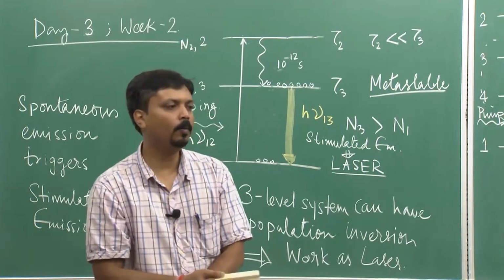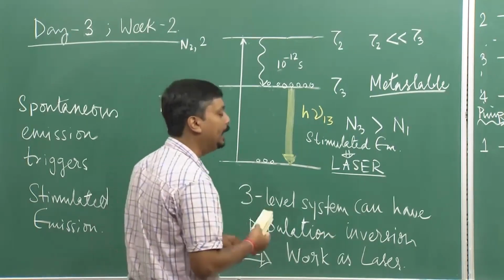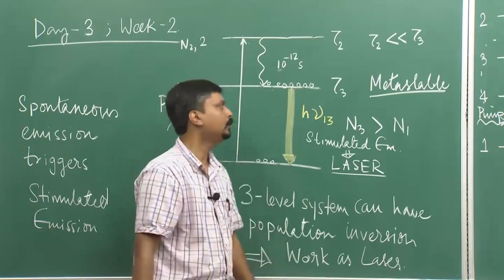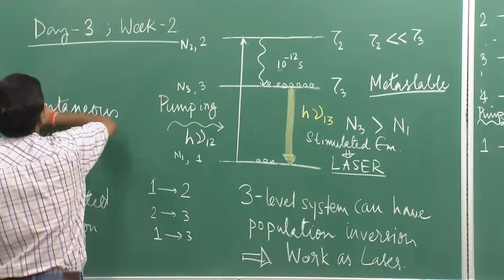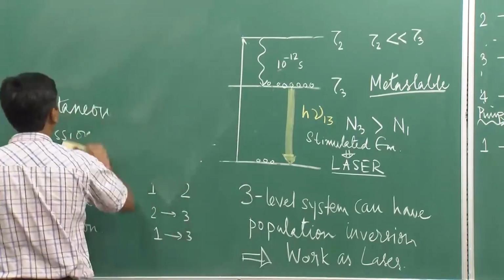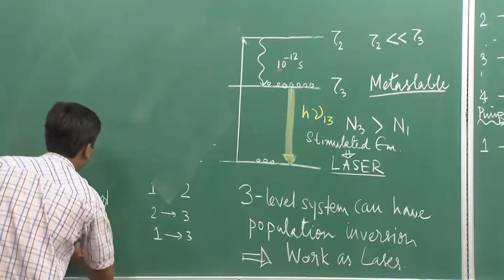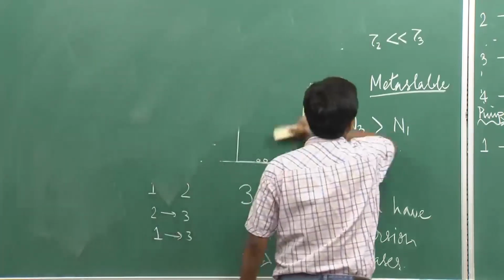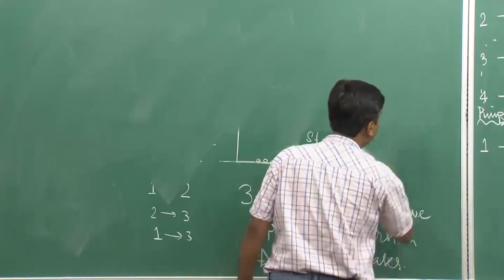So how practically we can get a laser, so that we can start considering. So if I ask, what do you need to form a laser? What will be the answer?